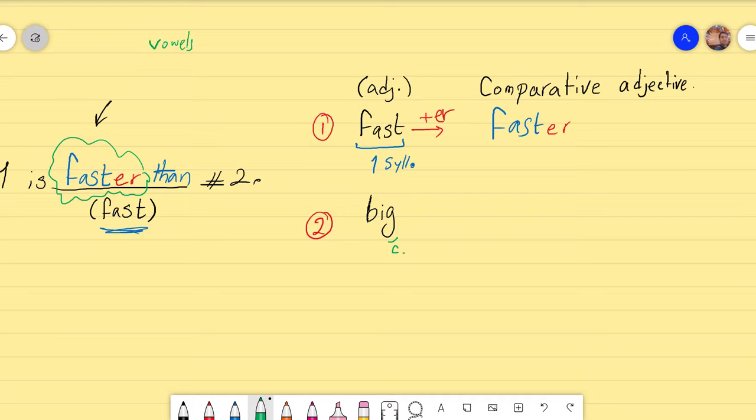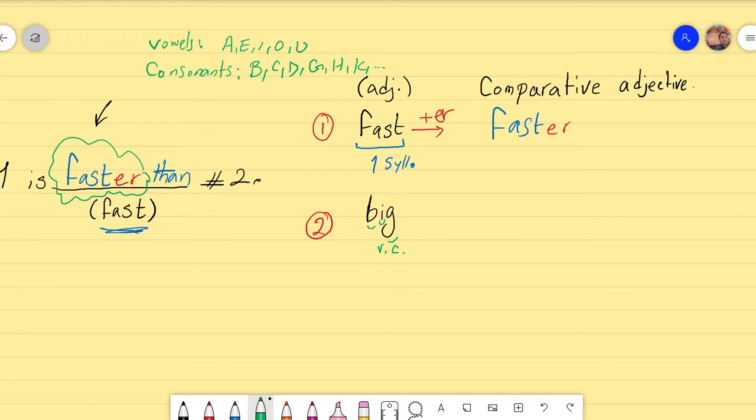Vowels are A, E, I, O, U. Consonants, any other letter, B, C, D, G, H, K, and other letters. So G here is a vowel or a consonant? It's a consonant. Before G, we have I. I is a vowel.